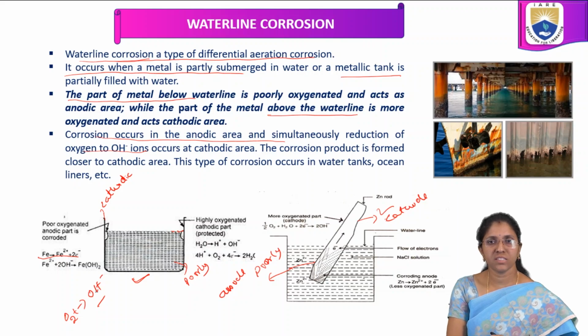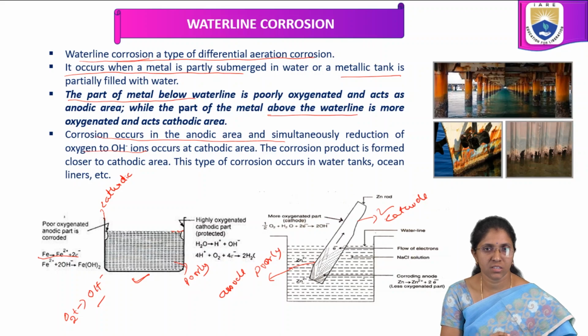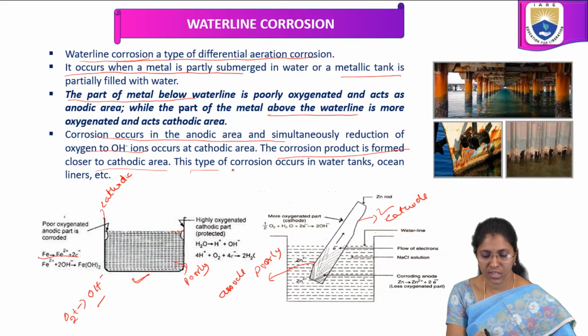These hydroxide ions and iron plus 2 react with each other and form rust. This is the corrosion, and the corrosion product is formed closer to the cathodic area. This type of corrosion occurs in water tanks, ocean liners, etc.